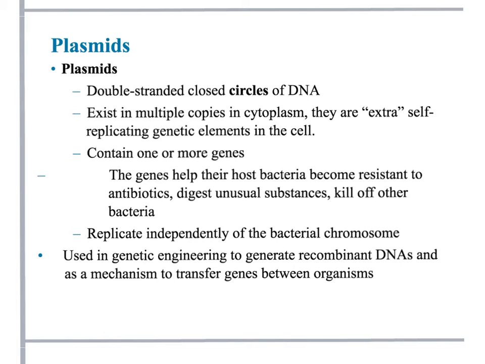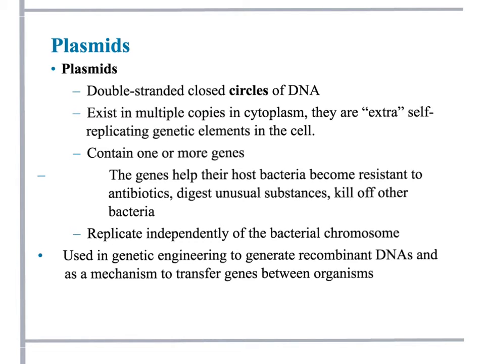The genes help the host bacteria become resistant to antibiotics. Maybe some of the genes allow for digestion of unusual substances, and yet other genes kill off other bacteria. They act more as defenders of invaders.